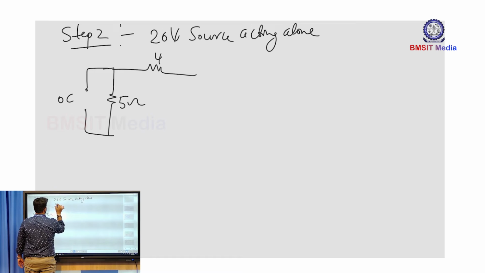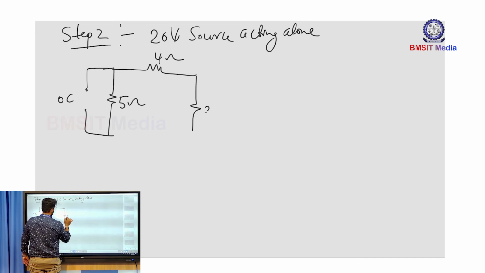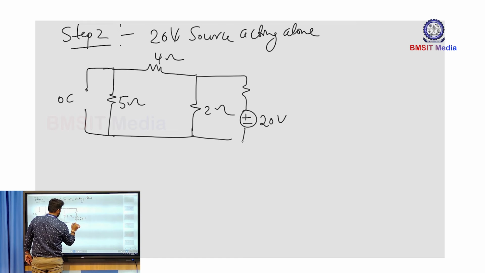So this is a 4 ohm and 5 ohm, and we have another resistor here, the 2 ohm, plus minus this is 20 volt and this is a 2 ohm resistance.